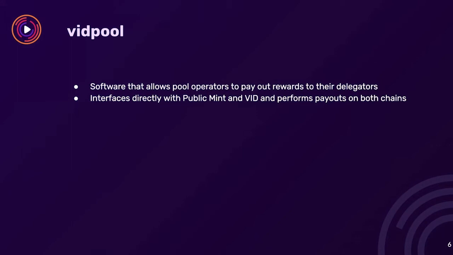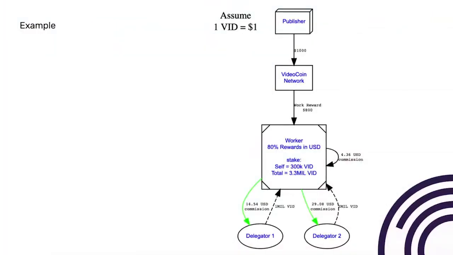From there onwards, it calculates how long a particular delegator has delegated on your worker node, and then you can set a percentage of payout, and you can say whether it is fiat payout or with payout. So with payout is in a separate option path that you'll see. But yeah, you can set those options, and WithPool software will do the payout for you.